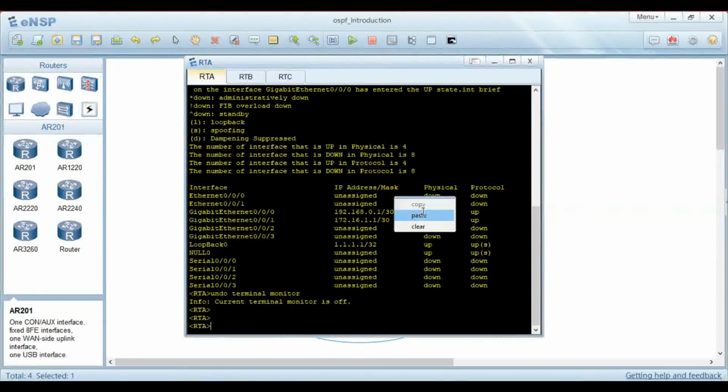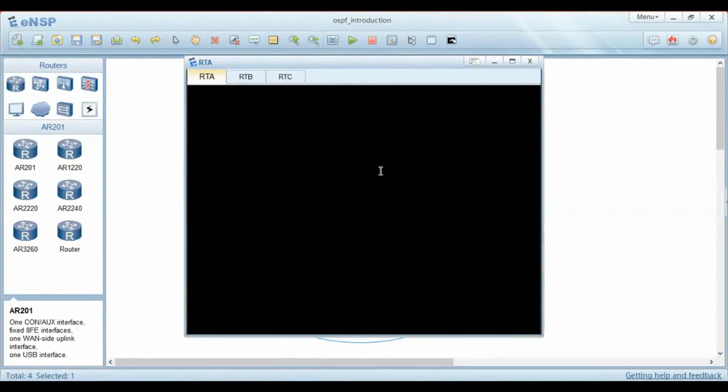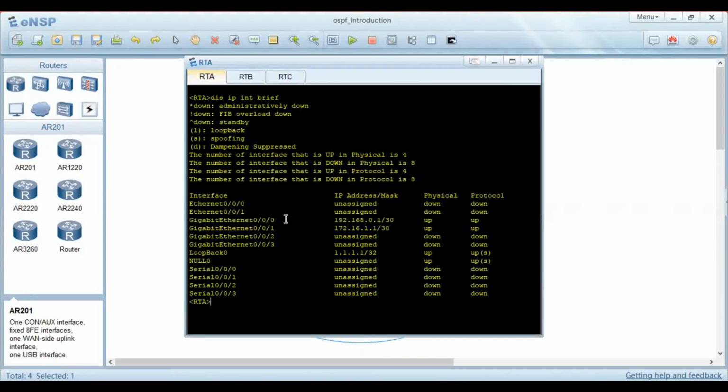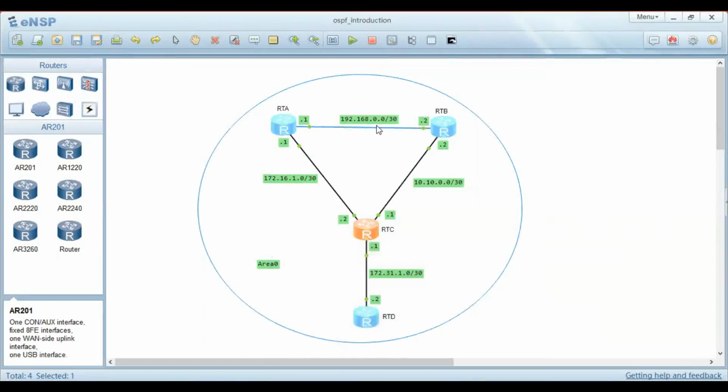So let's clear this. Display IP interface brief. So you can see already G0/0/0 has an IP address and it's up.